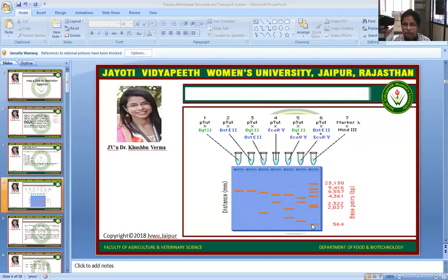This is the band of 564 base pairs. This is the band for 2027. This is for 2322. This is for 4361. And this is the highest, 23,130 base pairs. And this is the distance measured in millimeters.